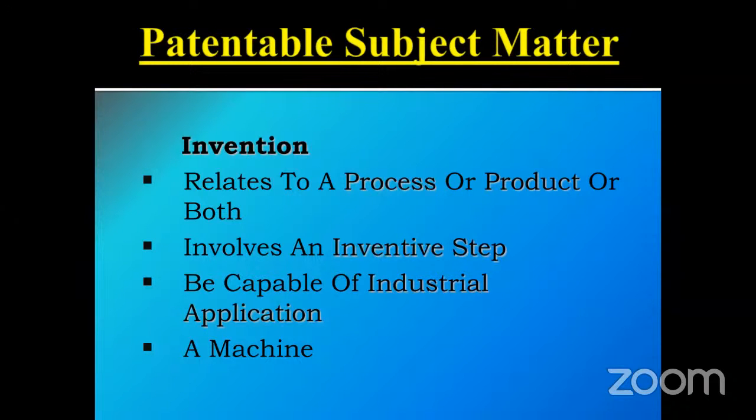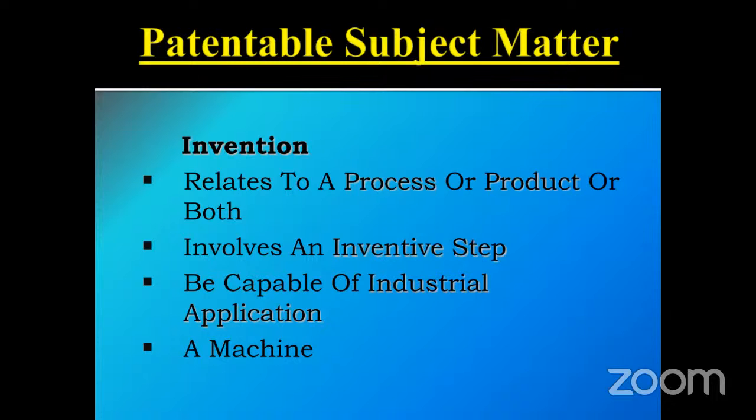It should have an inventive step, a novel step, when you formulate a process or a product, and it should have an industrial application. It should be a worthful technology. So that is patentable subject matter.